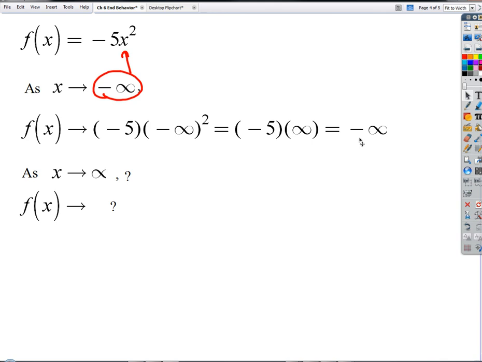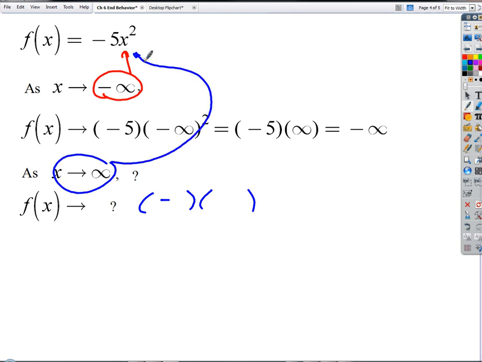What about this guy down here? Let's look at this one and then we'll move on. As x approaches positive infinity, what are we going to get? Well, the coefficient is always just negative 5 in this case. If I take x equals positive infinity and plug that in for x, a positive number to an even power is positive. In fact, a positive number to any power is positive, right?